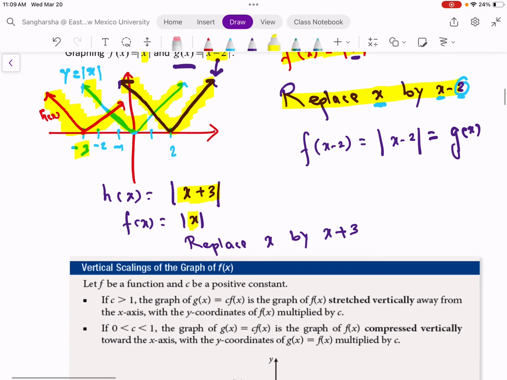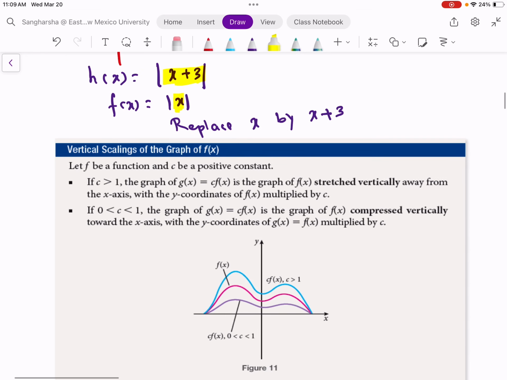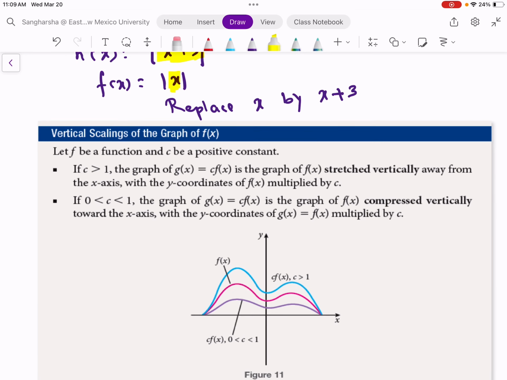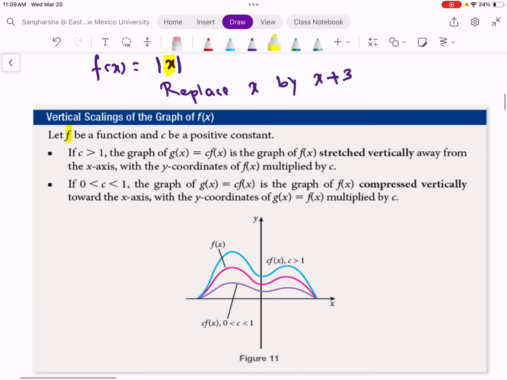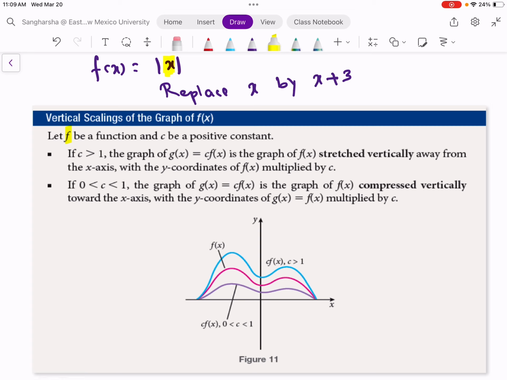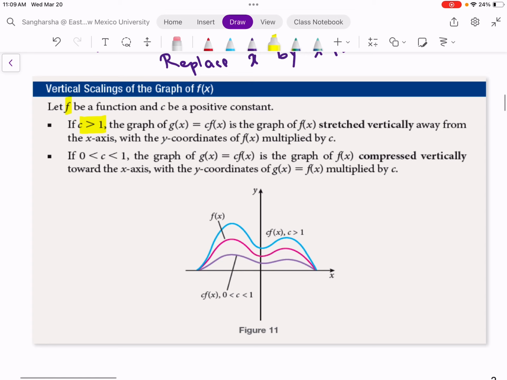Now the next one. So we have a function here, the f function. Now if we multiply our function by a number which is greater than 1, in that case, our graph is stretched vertically away from the x-axis.